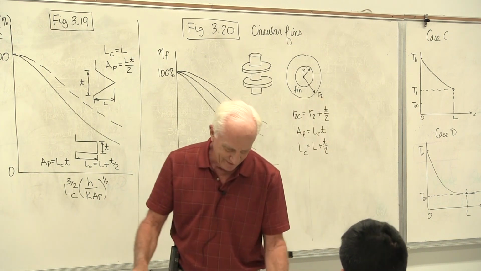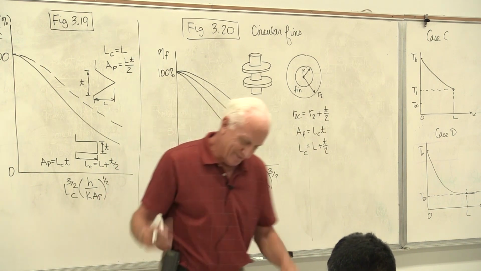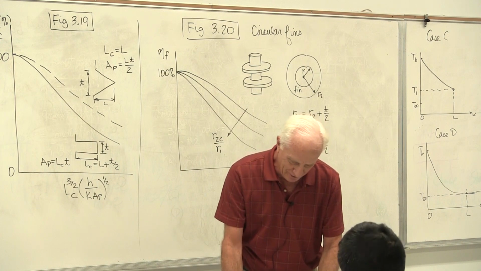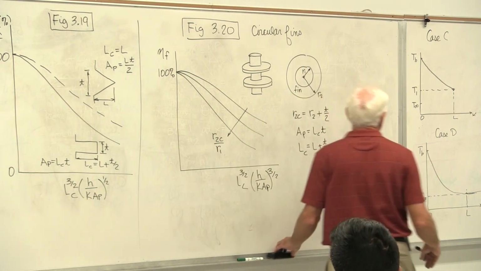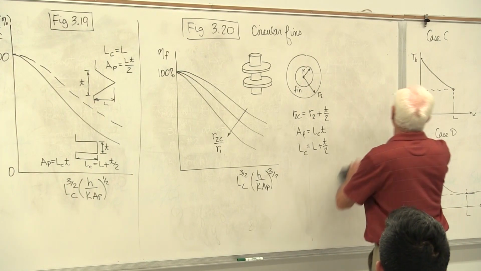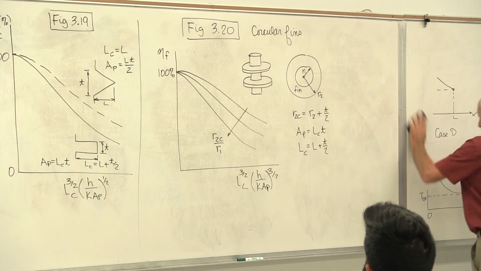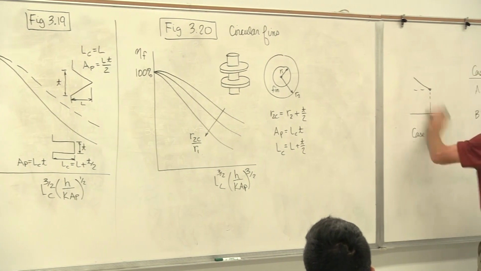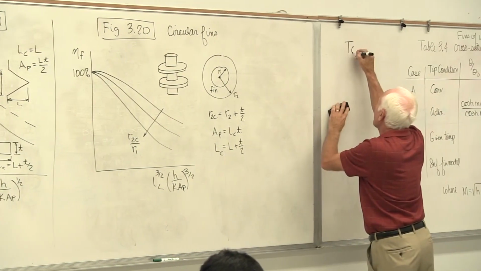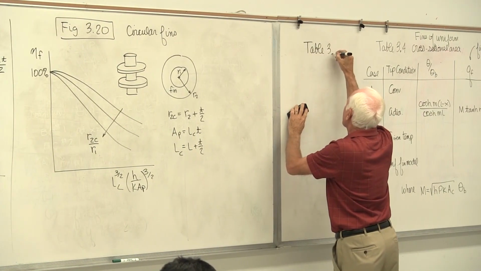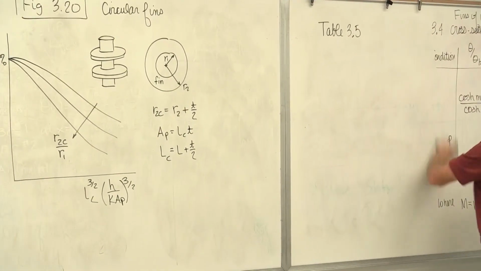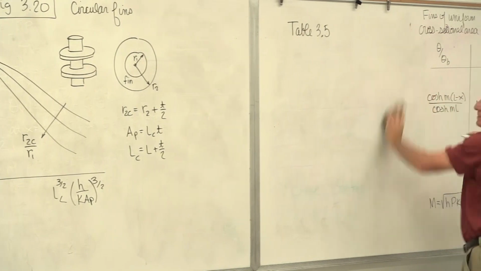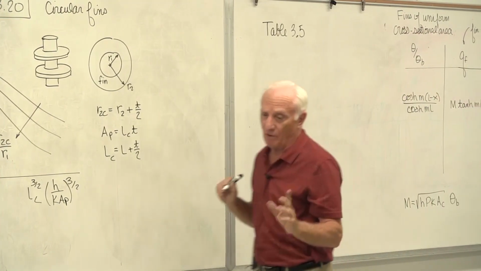Now, it's hard to put graphs in computer codes, so what's on here is also in table 3.5. Table 3.5 gives you the fin efficiencies of different geometries in equation form.